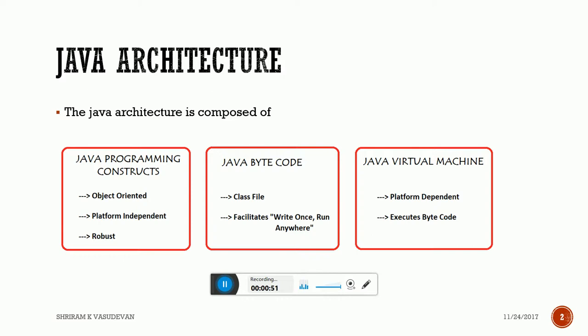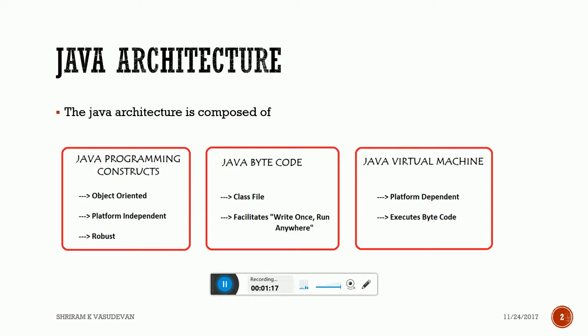Java programming constructs are nothing but the code that you are writing. The code that you write is all object oriented, and it does not have any sort of platform dependencies. This is one of the features that I told you some time back, followed by robustness. The code, whatever we are writing, is completely robust. So this is the programming construct. Whatever code you are writing is what I am referring to as the Java programming construct.